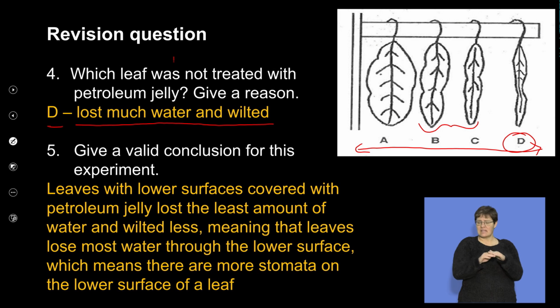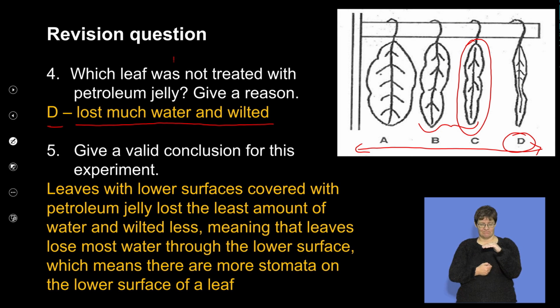One was the upper side of the leaf only, the other one was the lower side of the leaf. And they look different now. The one has shriveled more than the other. Which is the one that has shriveled the most? The one that had Vaseline on the upper surface or the lower surface. And the one that shriveled most is the one that had Vaseline on its upper surface only.